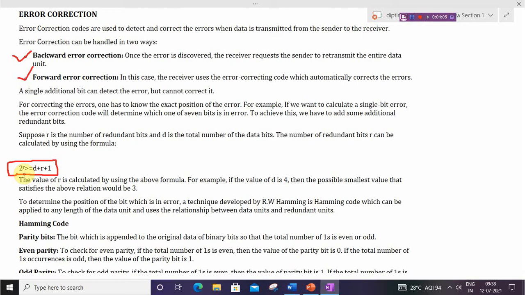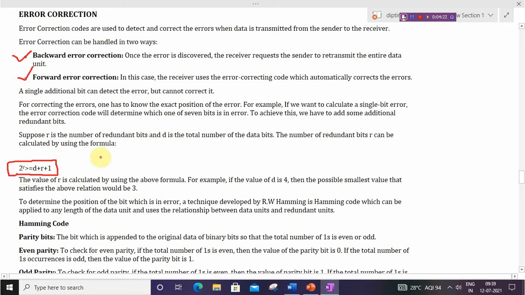For example, if the data bit is 4, if D equal to 4, then calculate the value of R. If R is 2, then 2 to the power 2 is 4.